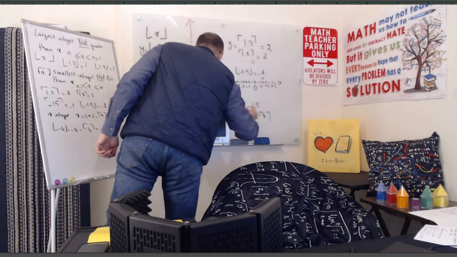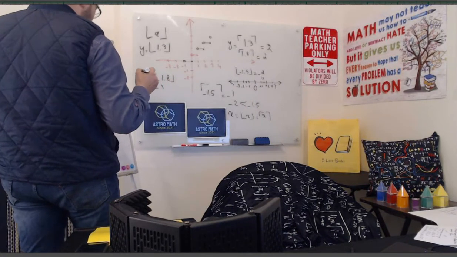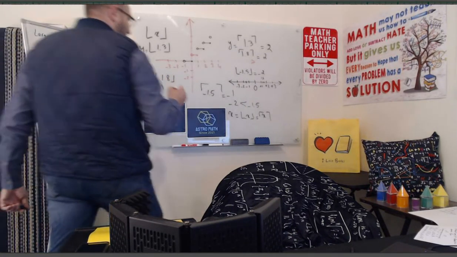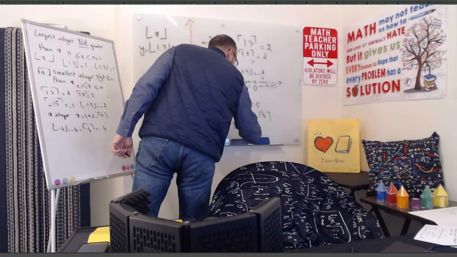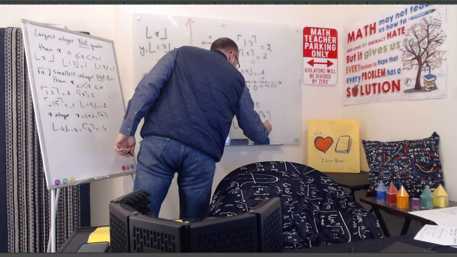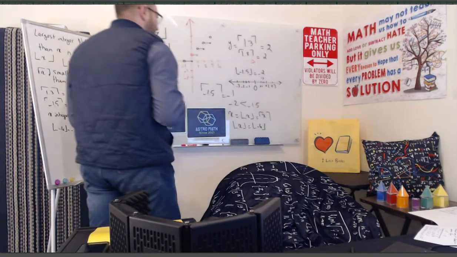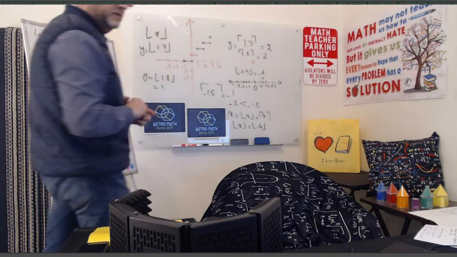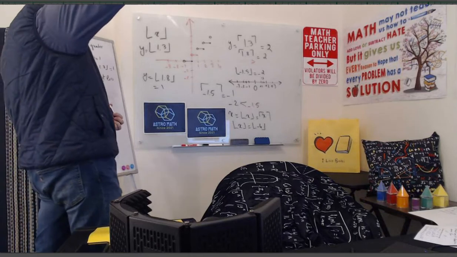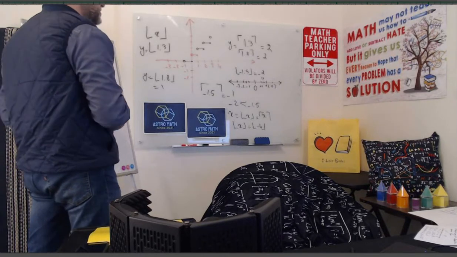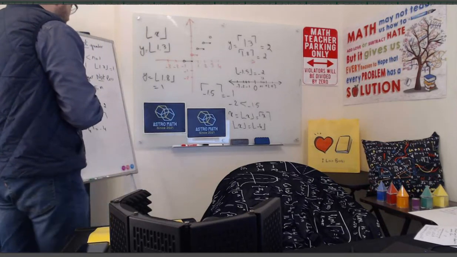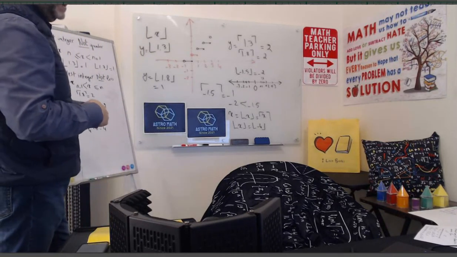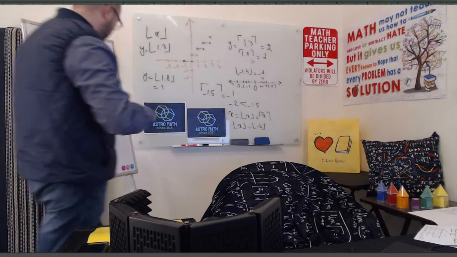What does that mean? Let's give it a negative example. If x is minus 4, what is the ceiling or the floor function of minus 4? Again, let's go with the definition. What is the floor function of minus 4? We have the floor, we're looking for the largest integer not greater than minus 4, which is minus 4. Equals minus 4.